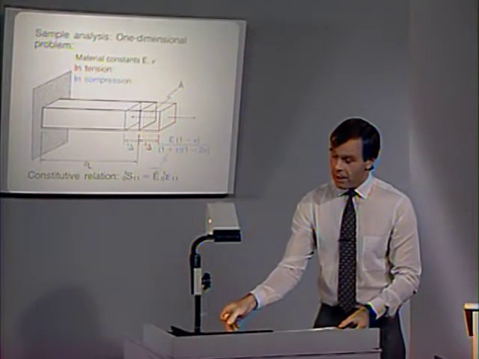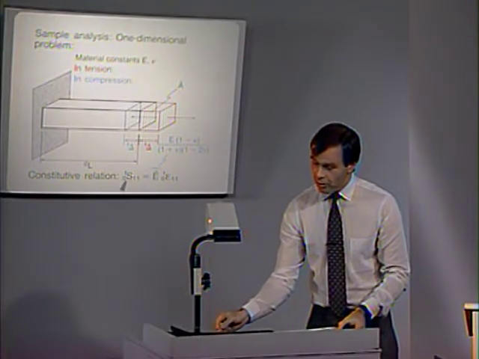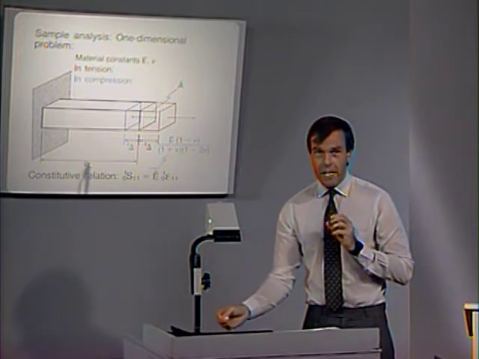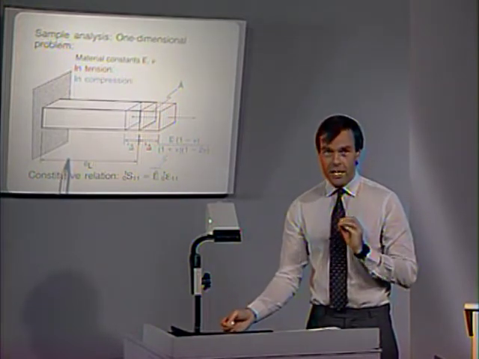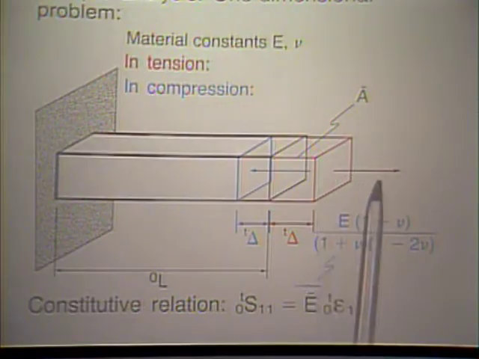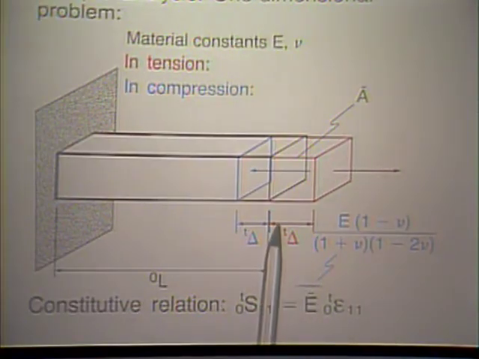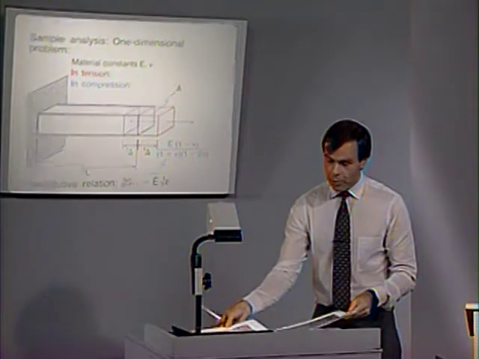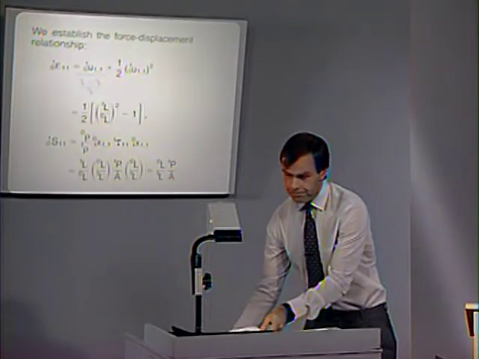If we now apply this stress-strain law to the problem and develop a relationship between the force required here to pull the bar out or push it in by delta, we obtain the following.